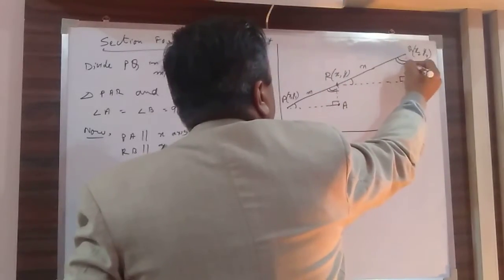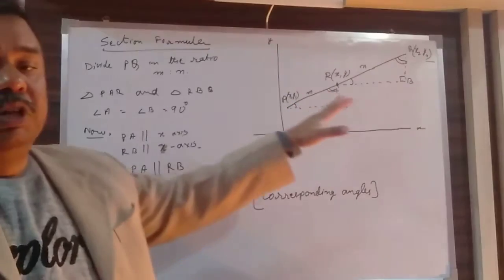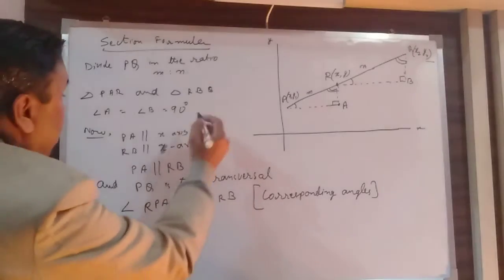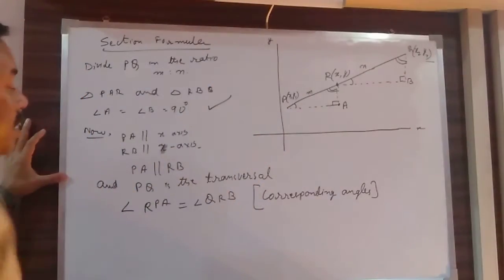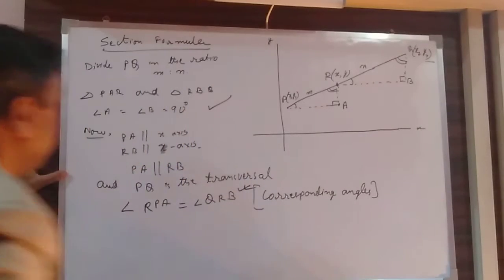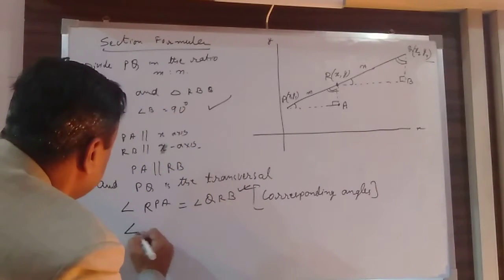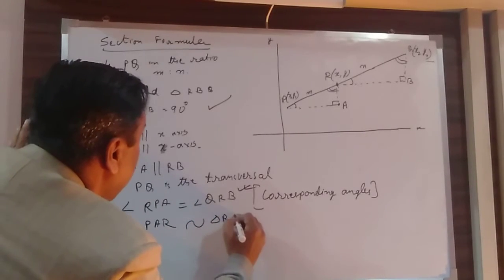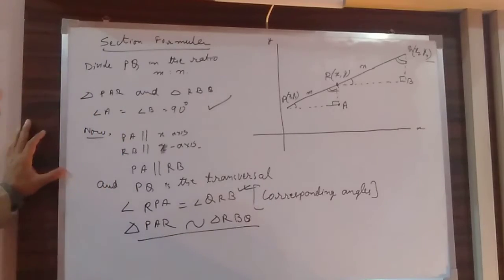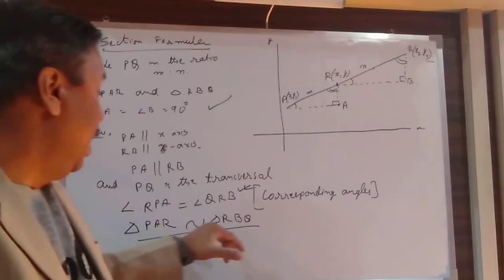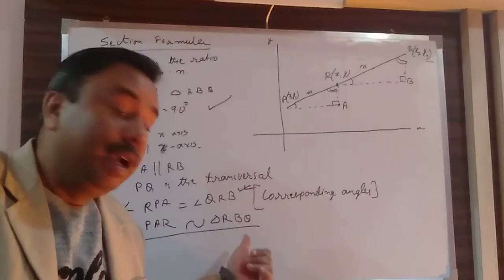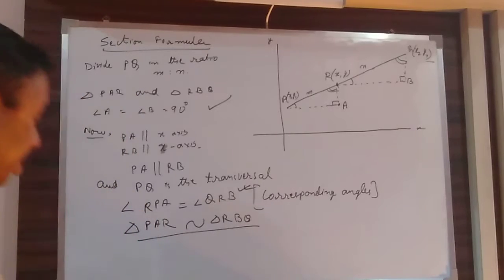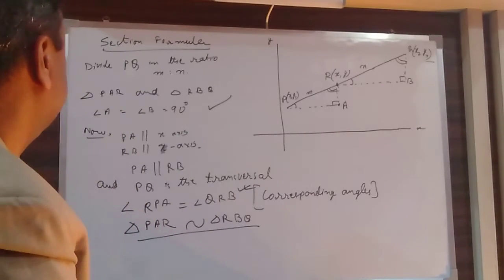We don't even have to prove it, because the sum of all three angles is 180 degrees. So by using this result, I can say that triangle PAR is similar to triangle RBQ. Got it?